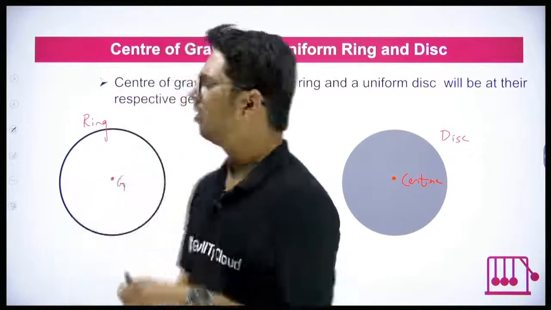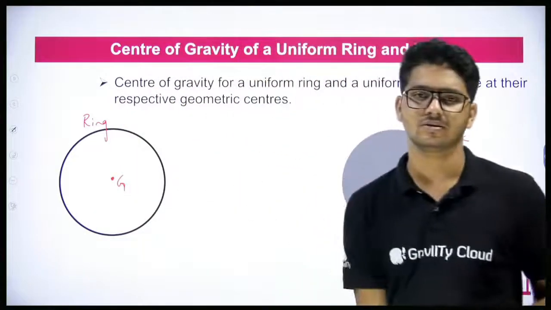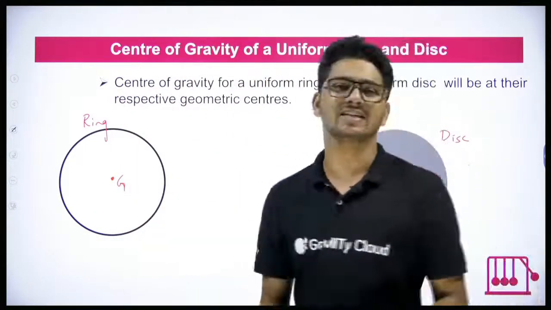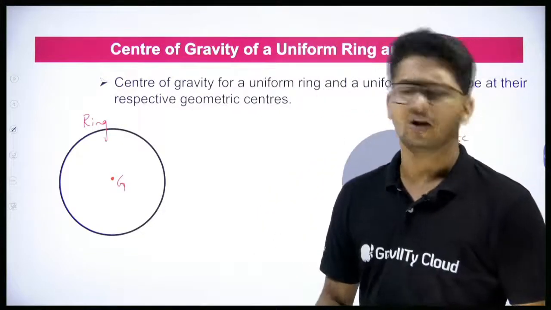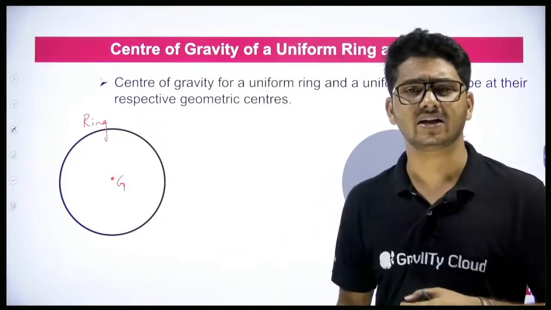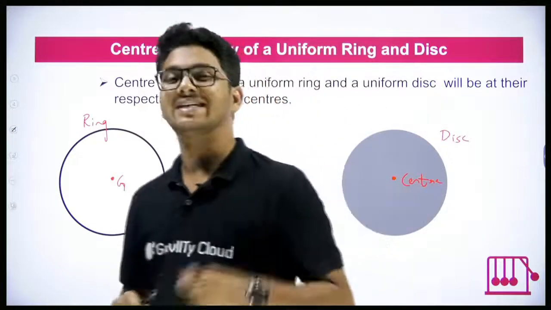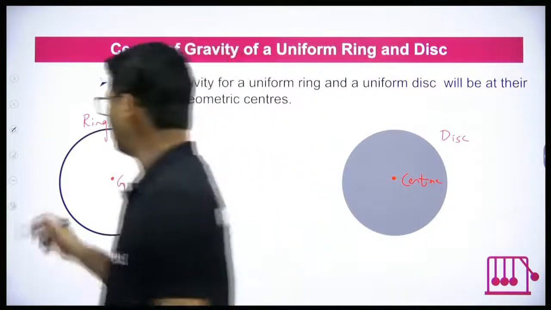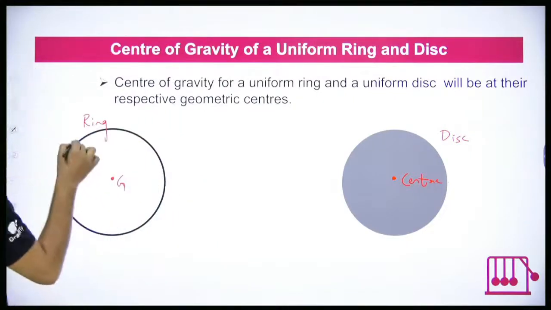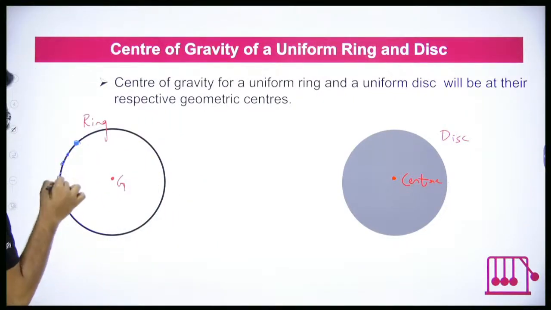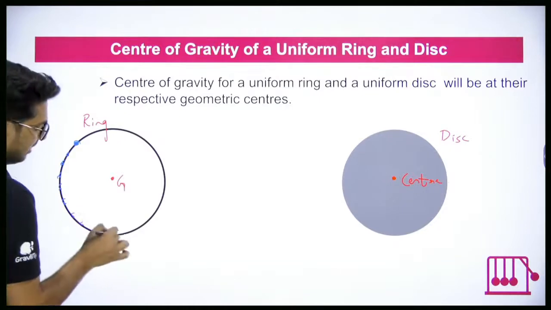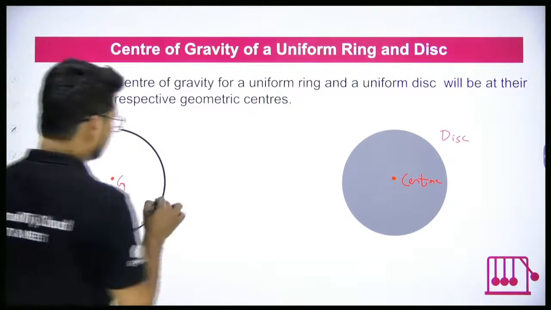But the interesting point regarding a ring is, is the center of gravity inside the ring or outside the ring? Or let's say, better question, is the center of gravity on the ring? When I say on the ring, it should be here. On the ring will mean wherever I am drawing the blue dots.